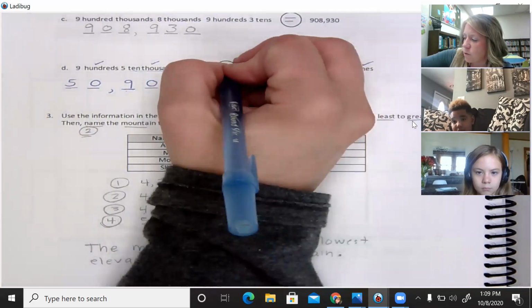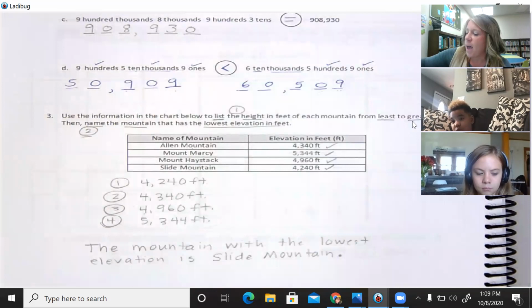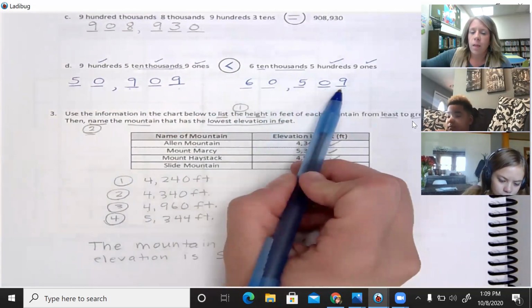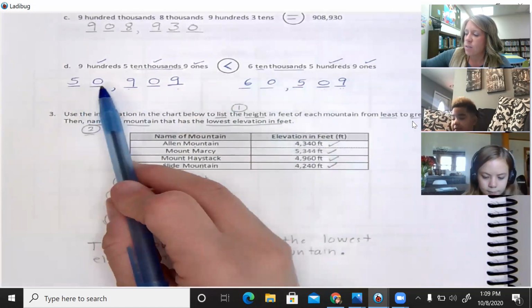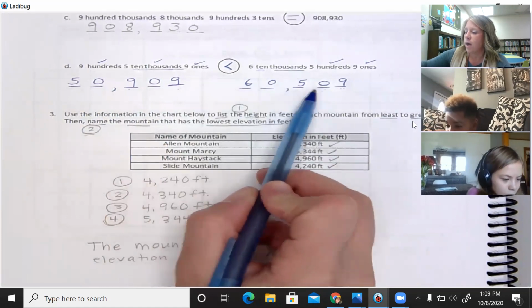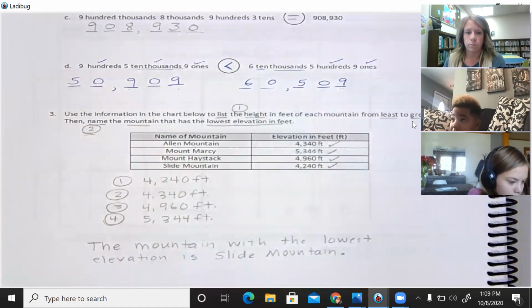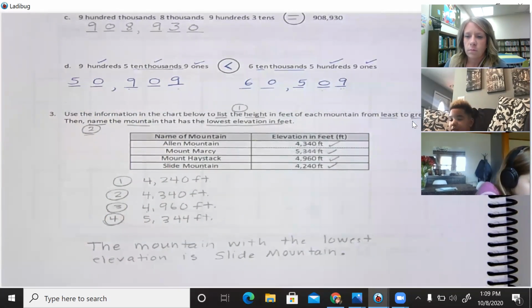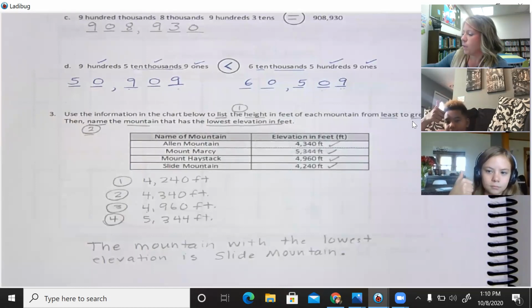Very good, 60,509. Okay, so we're going to make that inequality open to the bigger number. So this would read, 50,909 is less than 60,509. Give me a thumbs up if you guys got that down. All right, you both look good.